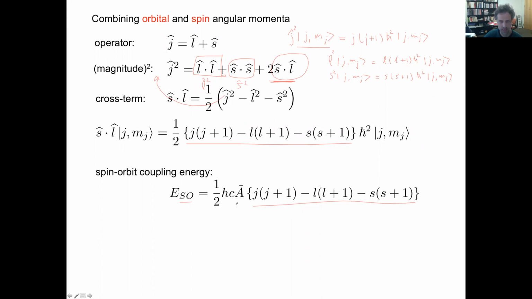But in any case, the magnitude of spin-orbit coupling energy is related to these quantum numbers: J, the combination quantum number for angular momentum, L, the contribution from the orbital angular momentum, and S, the contribution from the spin. If you know all these things, you can compute the energy shift due to spin-orbit coupling.